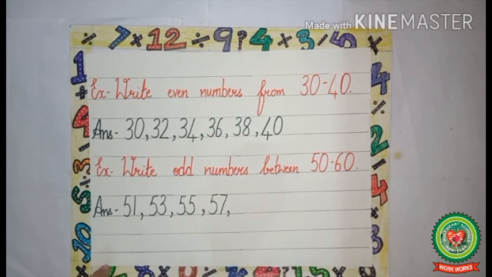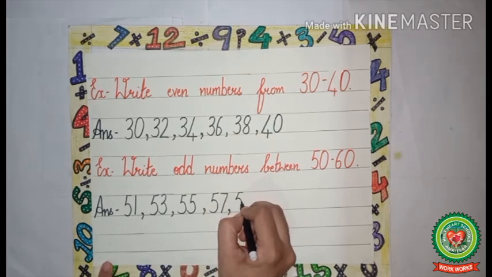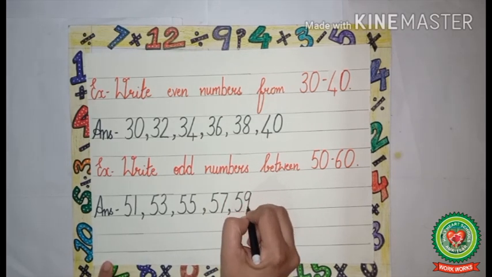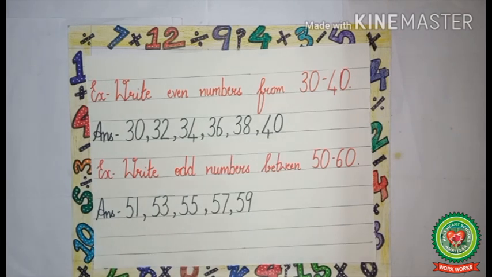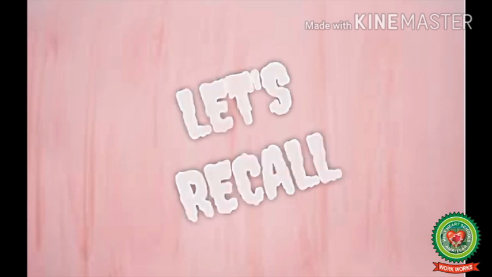After 57, 58. 8 comes in the table of 2, so it is an even number. After 58, 59. 9 does not come in the table of 2, so we will write 59 as it is an odd number.